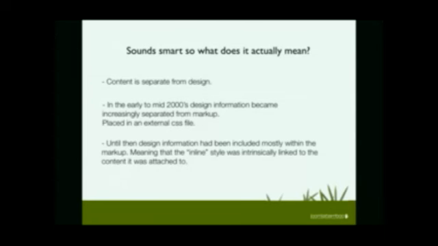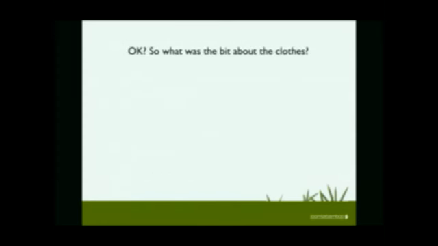As a part of the Web 2.0 movement, around 2004, 2005, there was a massive focus on shifting that so that design became a separate thing. So you can have content sitting underneath design, and the design changes the way the content is displayed, but it doesn't change the content itself.